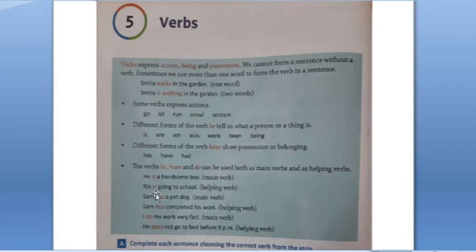And Ria is going to school, and here is is acting as a helping verb. And here Sam has a pet dog. So has is the main verb. But here Sam has completed his work, so here it is a helping verb. So these are the main functions of the verbs. It acts as a helping verb and as a main verb.